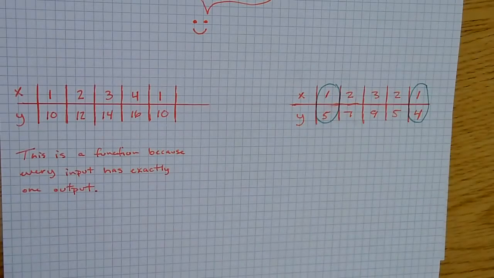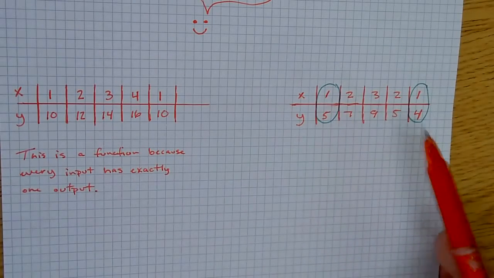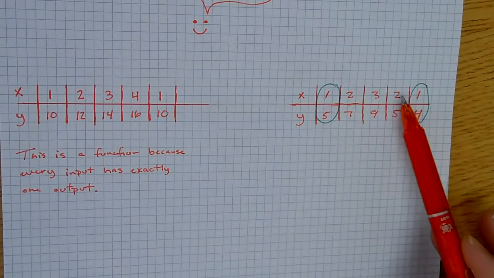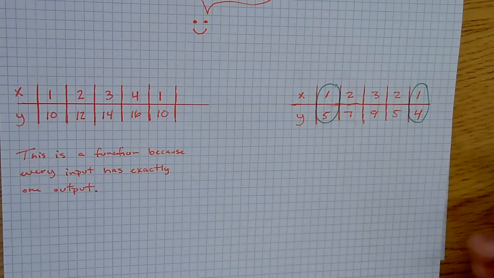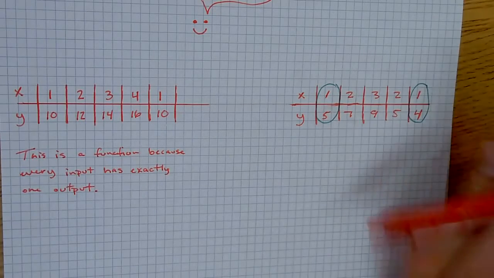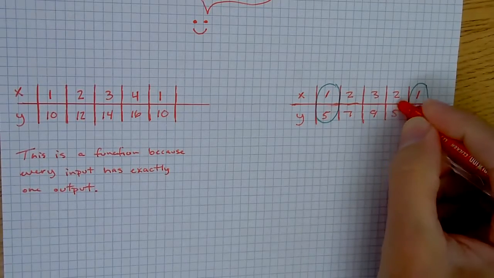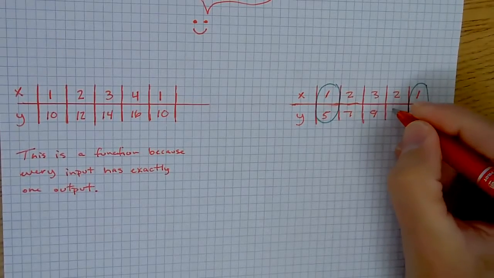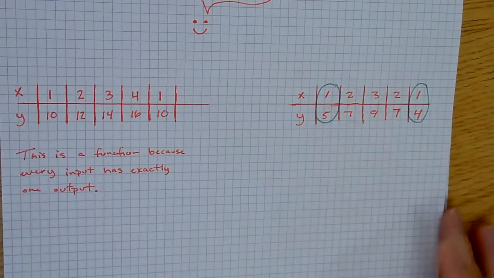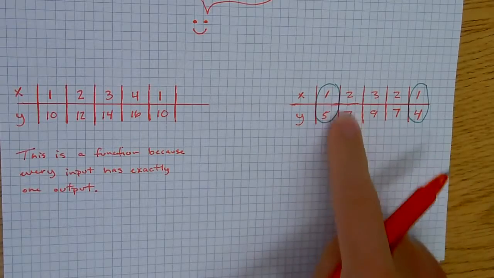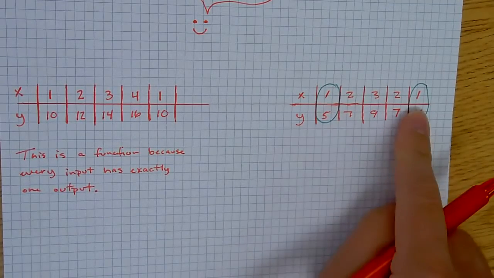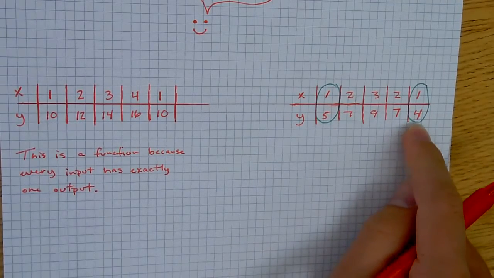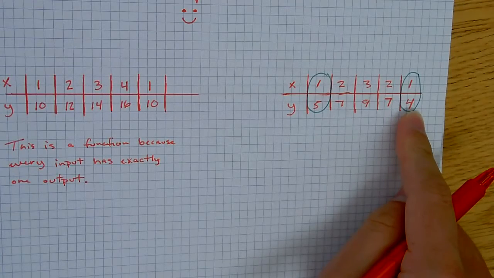So in this example, we plug in a 1 the first time, we get a 5, 2 gets a 7, 3 gets a 9, 2 then gets a 5. That one's wrong too. Let me change that to a 7 just to make it more focused on the 1. Sorry. So 2, 7, 2, 7. So that one's okay. However, when we plug in 1 again, the second time we get a 4. All right, that's not good.